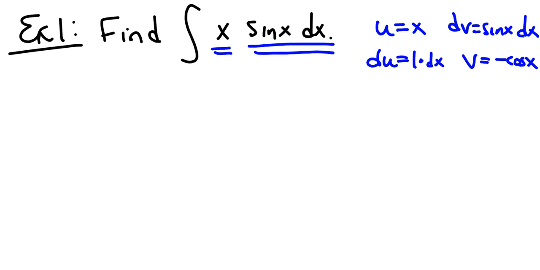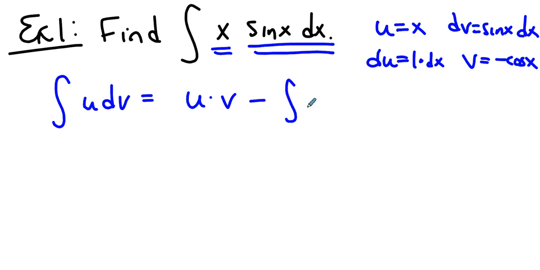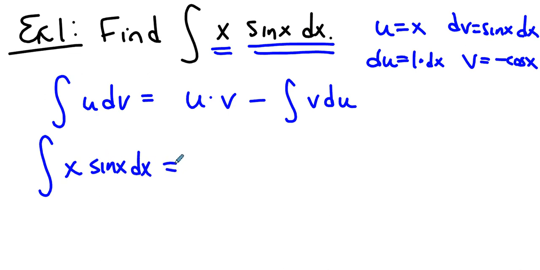So what does integration by parts say? It says that the integral of u dv is equal to u times v minus the integral of v du. So in our case, u is x, dv is sine x dx.